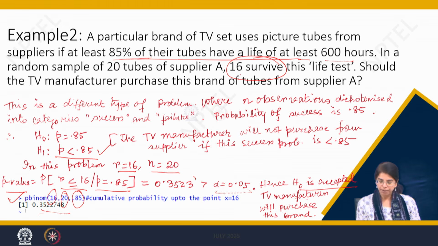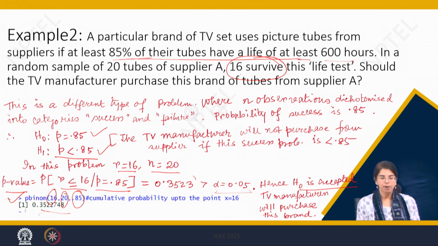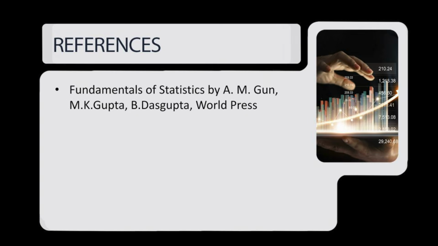Null hypothesis accepted means the probability of success is 0.85, which means at least 600 hours of lifespan will be sustained. Therefore, the TV manufacturer will purchase this brand. That will be your final conclusion.